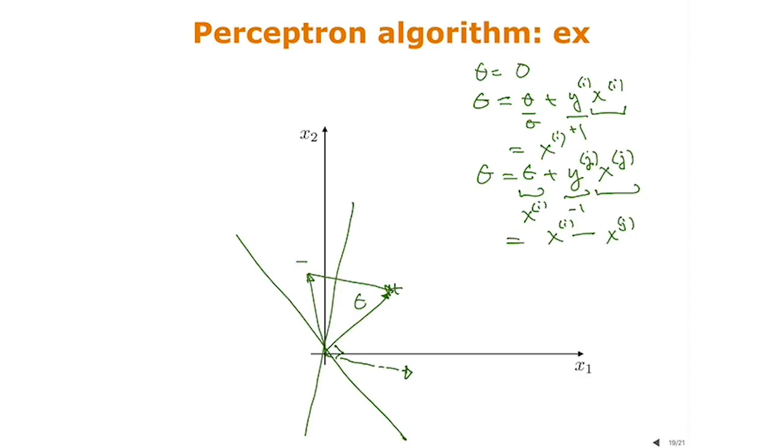So after the two updates, if these were the only 2 points, the perceptron algorithm would have found a solution that correctly classifies both of these points. You can easily come up with examples where the perceptron algorithm needs to go over the training set multiple times before a separable solution is found.